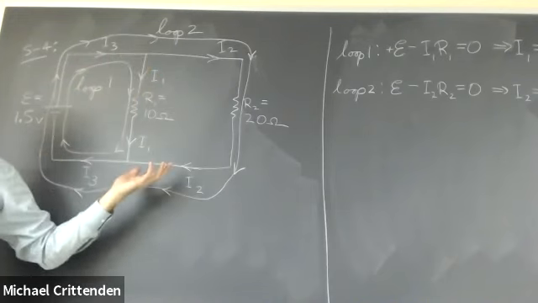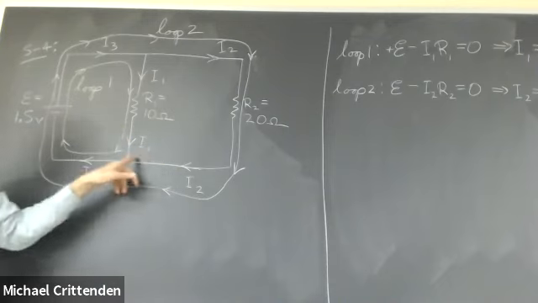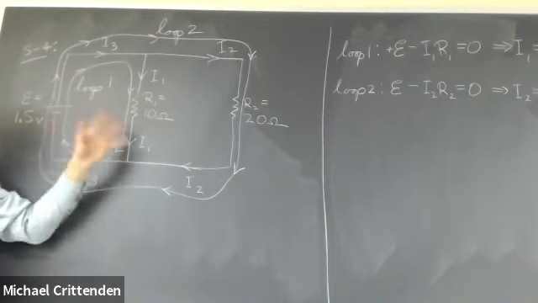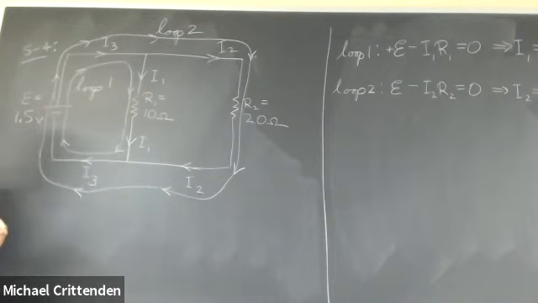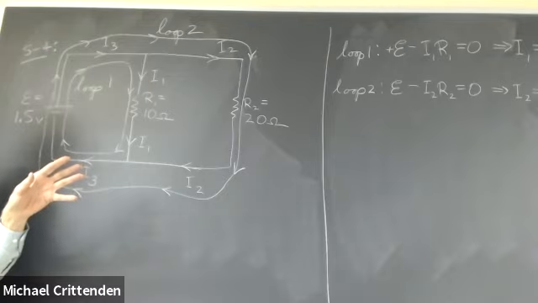You can tell that by looking at the picture, just from the fact that this loop over here doesn't cover any new territory that wasn't part of one of the loops I've already done. So we've learned everything that it's possible to learn from the loop rule.